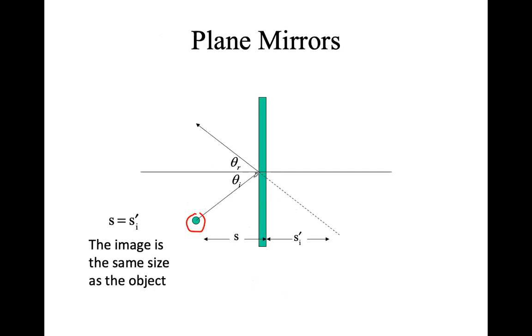The light comes in at an incident angle, I drew a normal to the mirror, and it reflects off at the same angle. If you had your eye right here, it appears to be coming from some point back behind the mirror. It actually came from your foot, bounced off the mirror and came that way, but it appears to be coming from this dashed line someplace back behind the mirror.